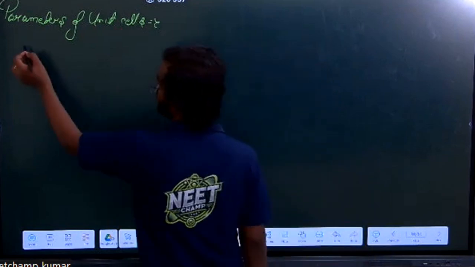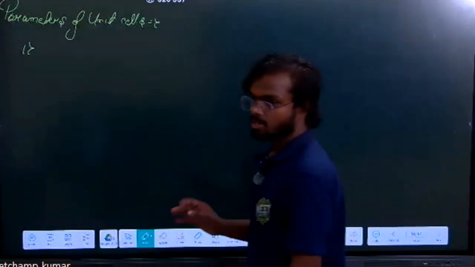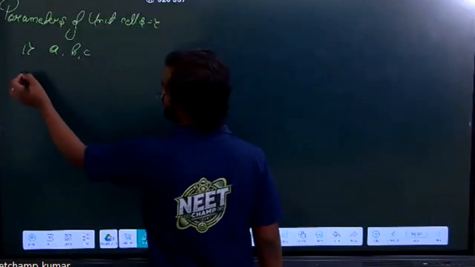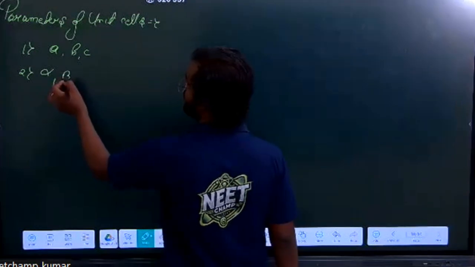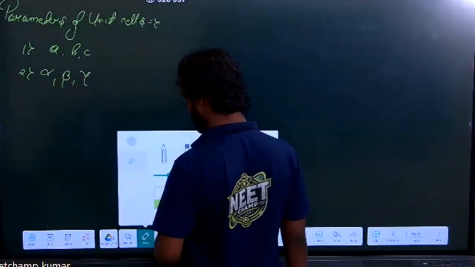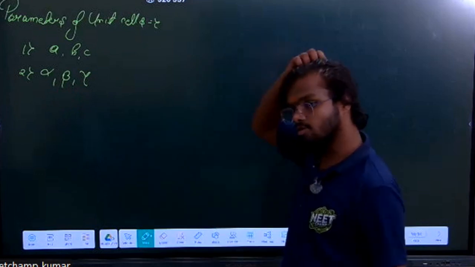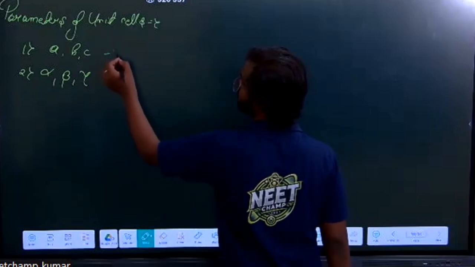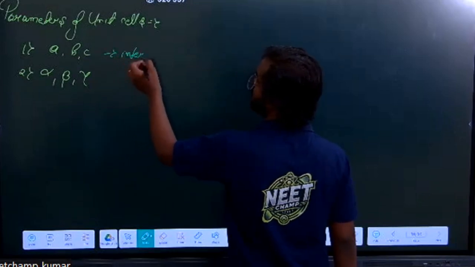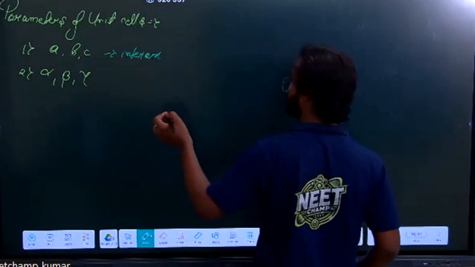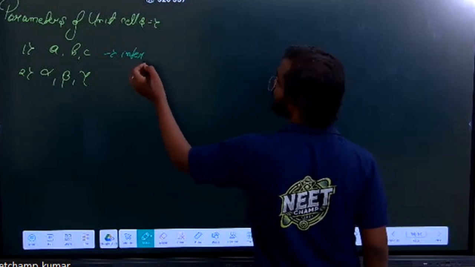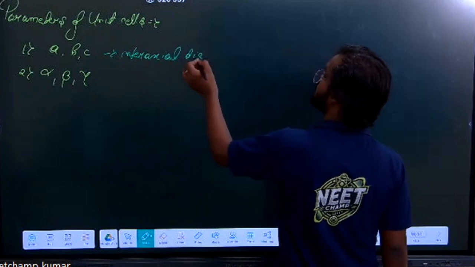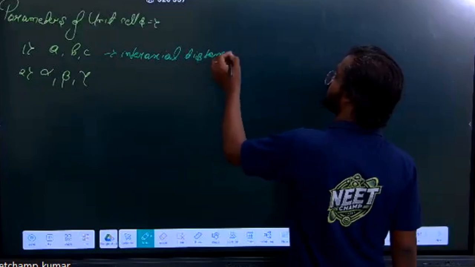One first we write as a, b, c, and the second is alpha, beta, gamma. What are a, b, c? What are alpha, beta, gamma? a, b, c is called the interaxial distance.